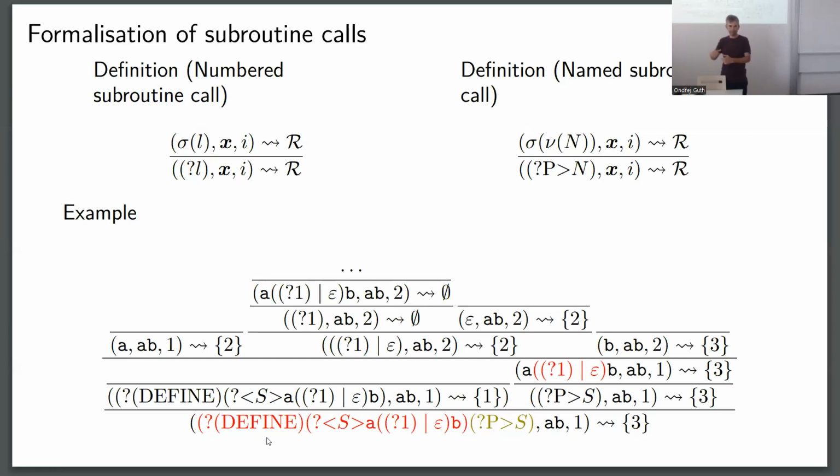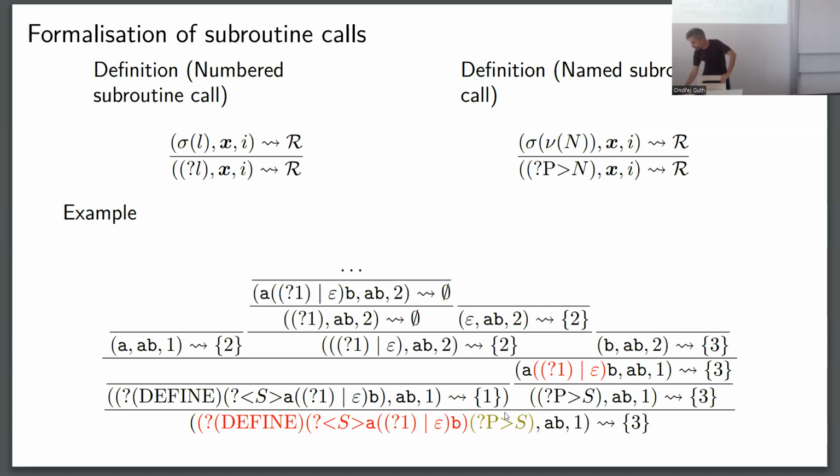So basically, the engine knows about it, but by itself, it doesn't do anything. This is basically conditional, which is always true. So whatever is in the red parenthesis, it is there, but it doesn't do anything by itself. But how can we use it? We can use it by subroutine call, because we can say, I want to match parenthesis which is named S, which is here. So basically, I call this parenthesis, hey, start matching this. So it starts happening.